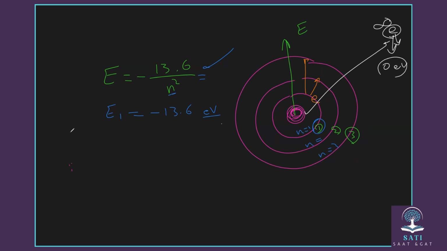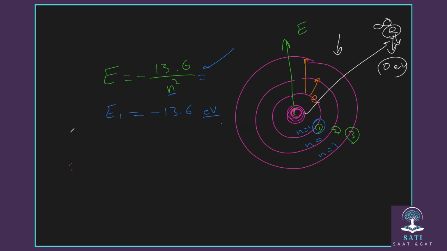If this electron is inside the atom, its energy we give in negative, because when it is bound to the atom, this energy is negative.